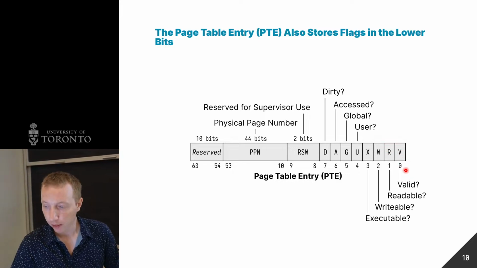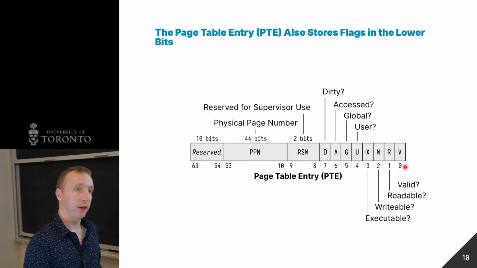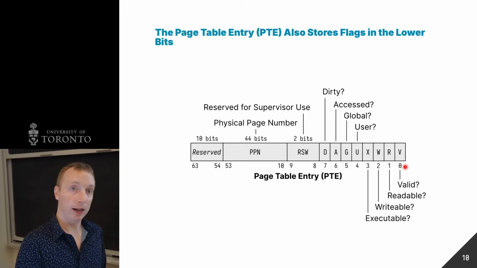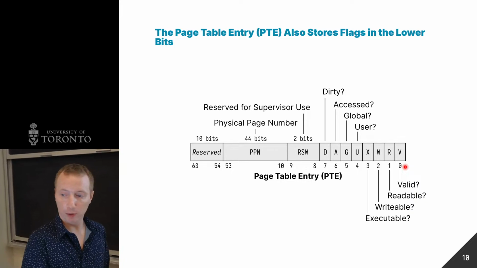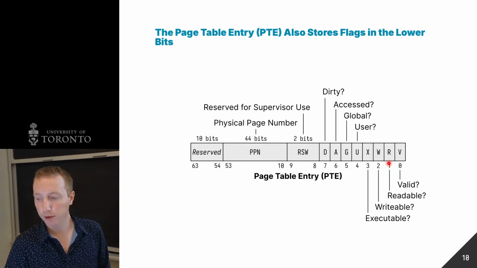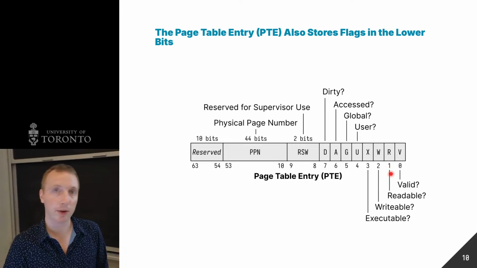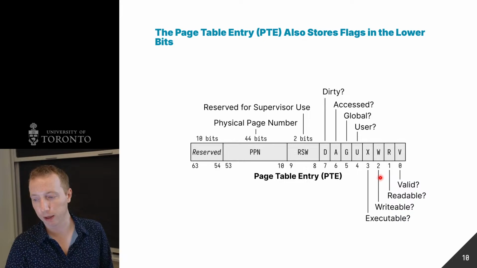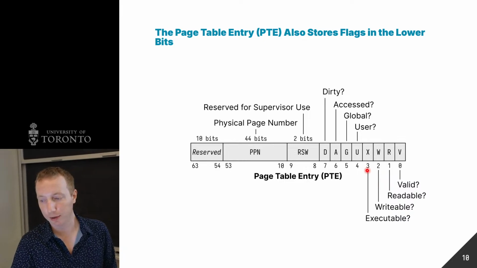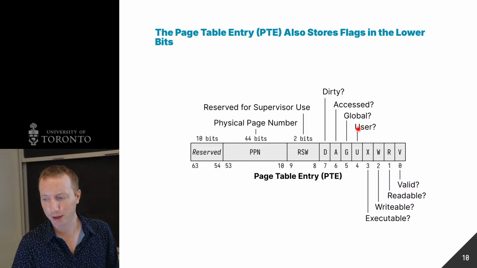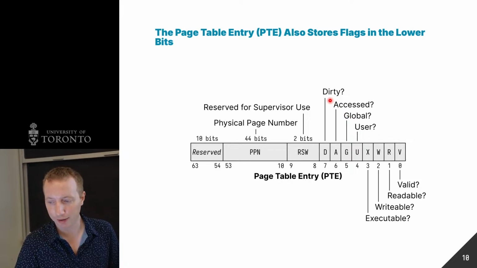This bit is the valid bit that will tell you whether or not this entry is valid, whether it should proceed with doing the translation. Then there are some permission checks: am I allowed to read this memory? Am I allowed to write this memory? Am I allowed to execute it? We can skip some of these flags, like user, global, access, dirty.